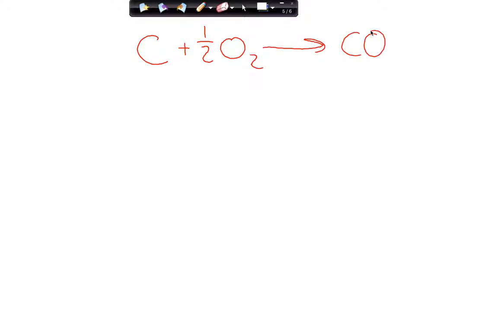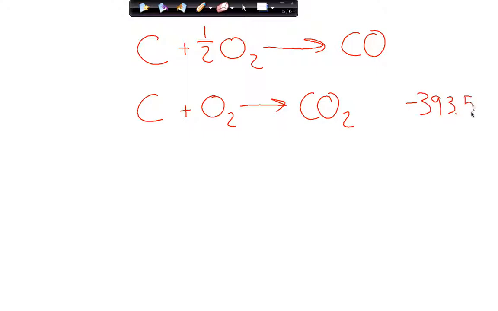And then they gave us this: carbon plus O2 yields CO2, and that has an enthalpy change of negative 393.5 kilojoules.